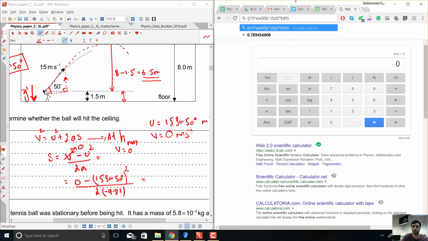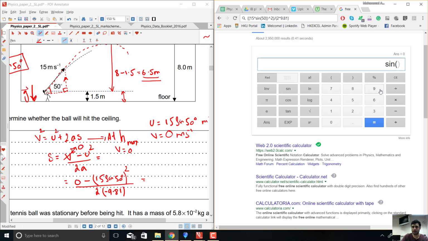It looks like our sine of 50 is giving an answer in radians, but our angle is in degrees, so we have to be careful with that. Let's see, sine of 90 is, yeah, it's still in radians, so we need to convert it into degrees. Let's check, sine of 90 is 1. Yeah, now it's correct.